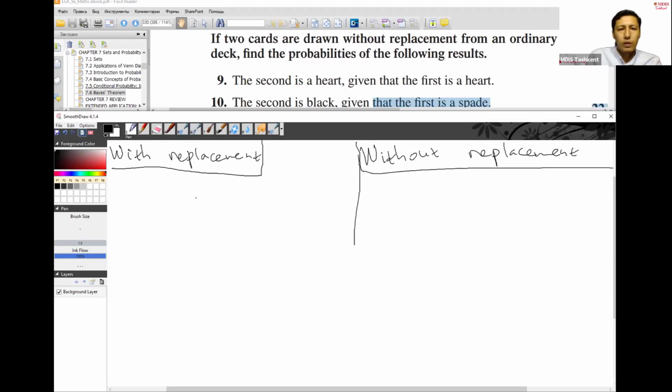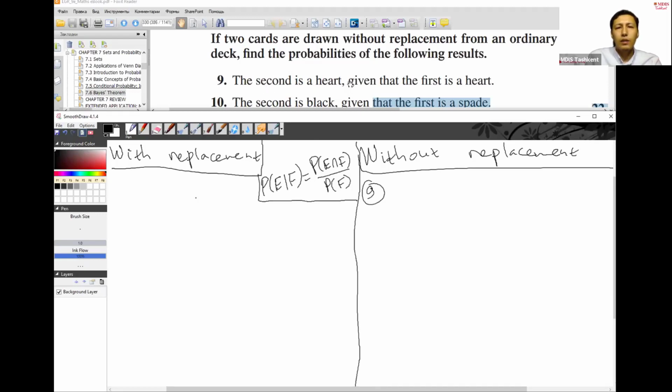So the formula is P(E|F) equals P(E and F) divided by P(F). This is the formula. So number 9.